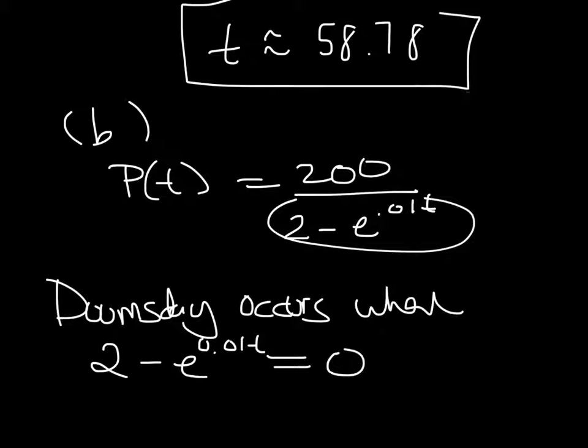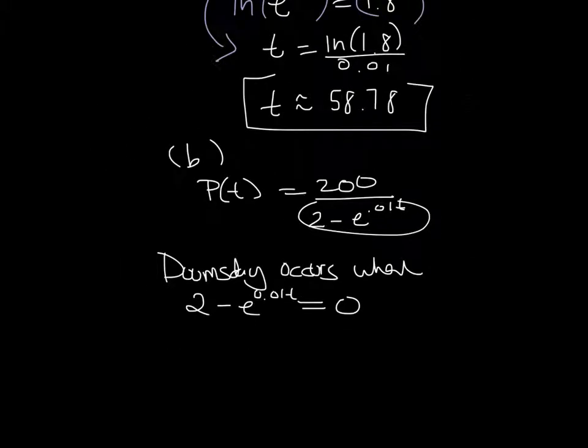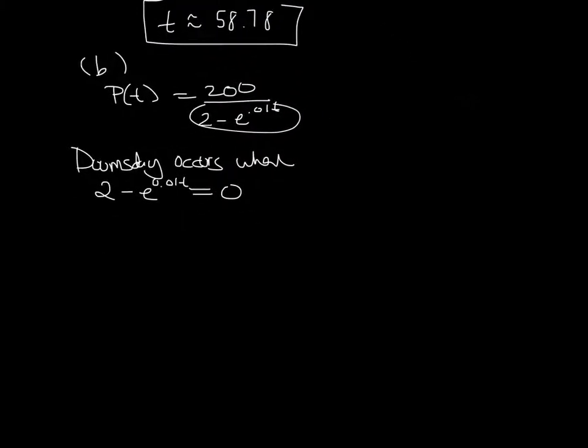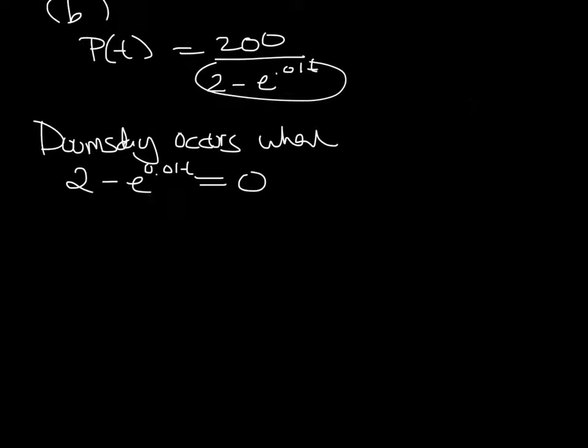Okay, so another college algebra equation. Oh, I think I need a new iPad. There we go. Let's move this up. Solving for t, just moving things around, we end up with 2 equals e to the 0.01t.